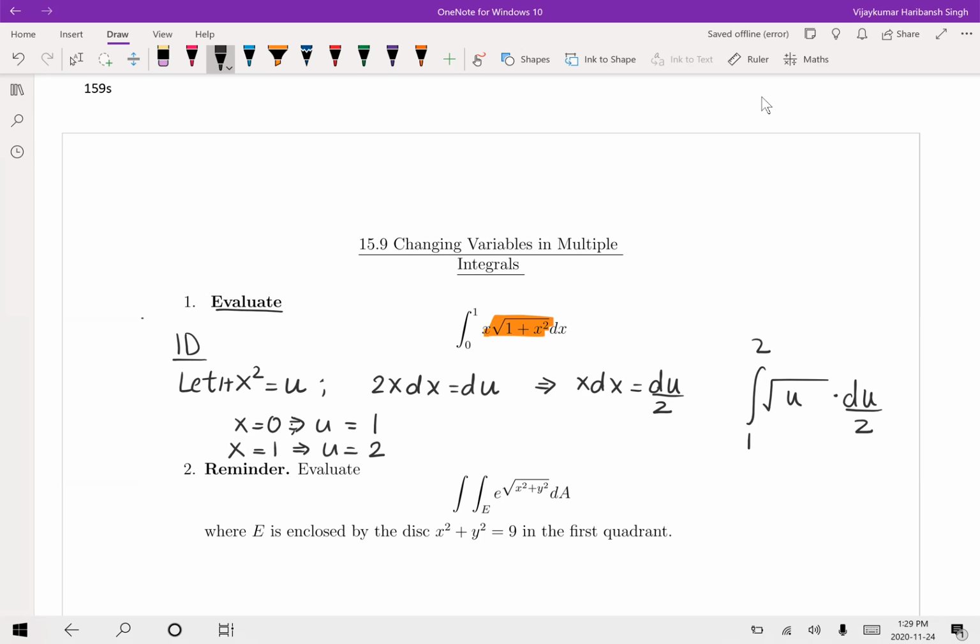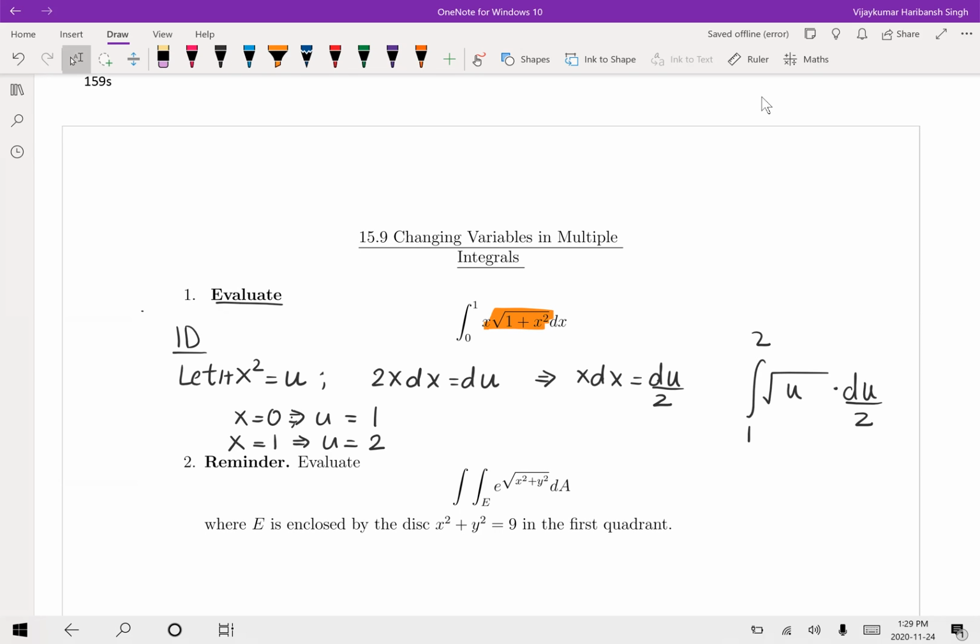So you do a transformation here, and if I want to write it in general form, if you have the integral from a to b of f(x) dx, and you're doing the transformation, the new limits are alpha to beta, where alpha is u inverse of a, and beta is u inverse of b.